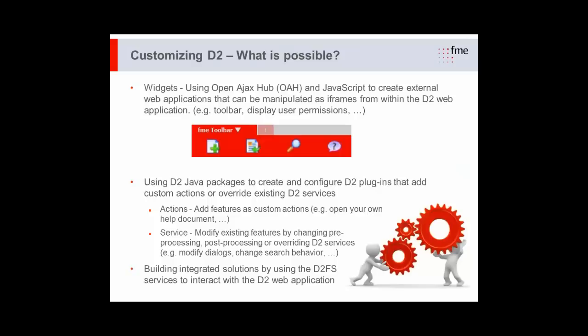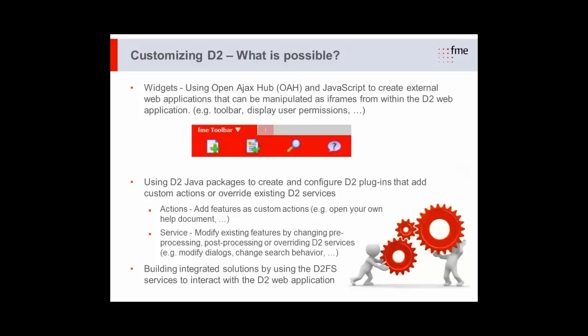First of all, widgets. One extension point is the widget customizing. A widget is an external web application displaying as an iframe in the D2 client, and you are able to write your own widgets and integrate these widgets in the D2 user interface to add your own user interface or to add parts into D2.